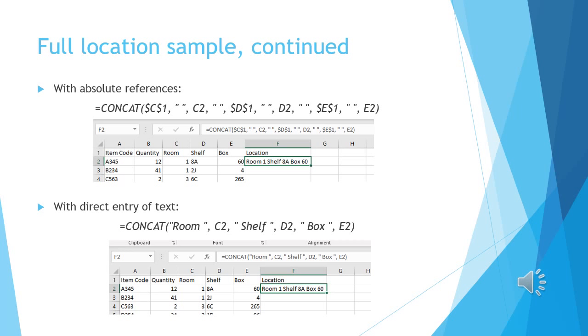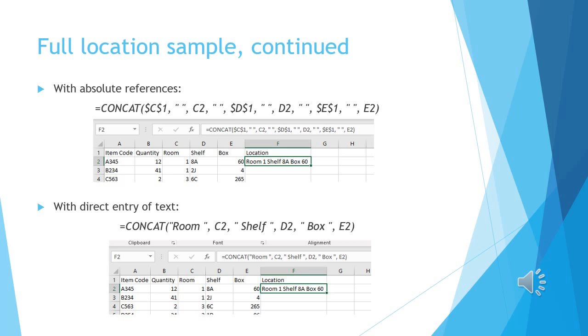The end result is the same, but notice again that I've included the spaces in the strings along with the words. In this example, the formula reads equal sign concat, open parentheses, quotation mark room, space, quotation mark, comma, C2, comma, quotation mark space, shelf, space, quotation mark, comma, D2, comma, quotation mark, space, box, space, quotation mark, comma, E2, close parentheses.